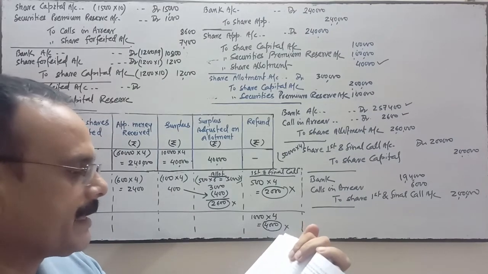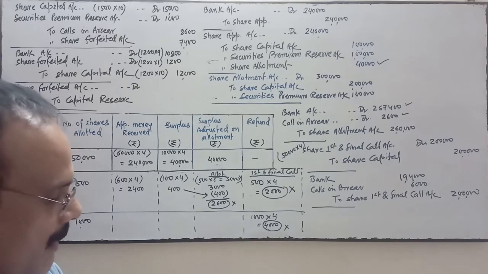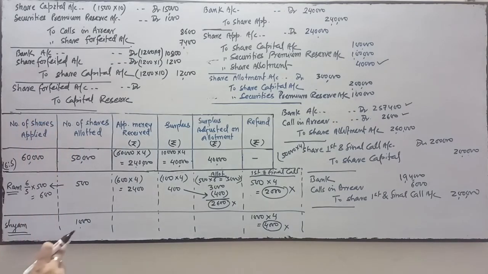Out of the forfeited shares, 1200 shares were reissued, including all the shares of Shyam. It means Shyam's shares are 1000, and out of Ram's 500 only 200 are reissued. So we'll do the calculation of this first.